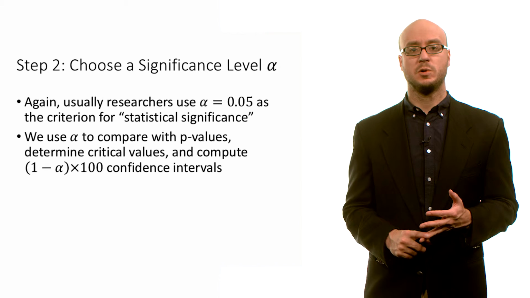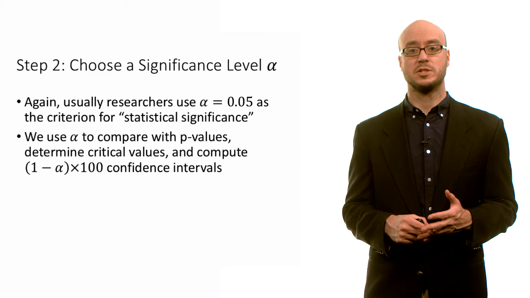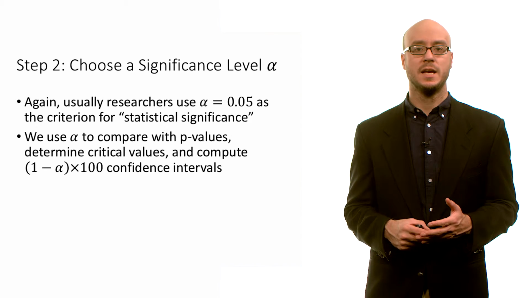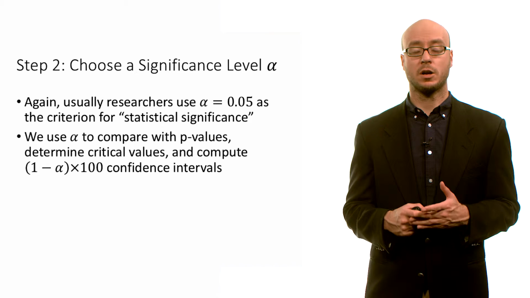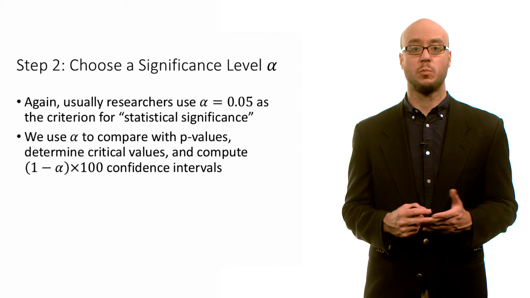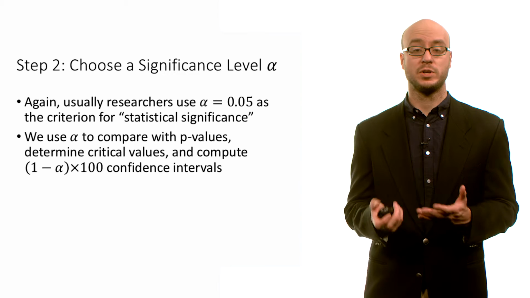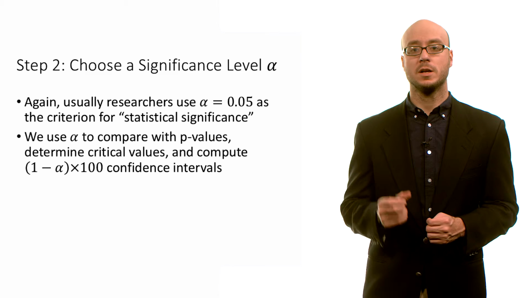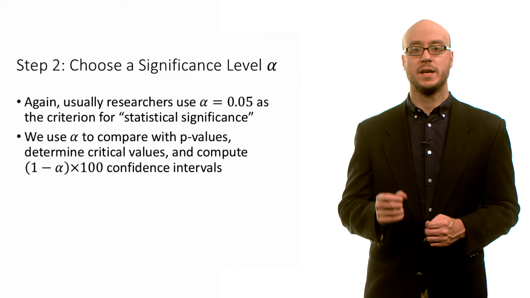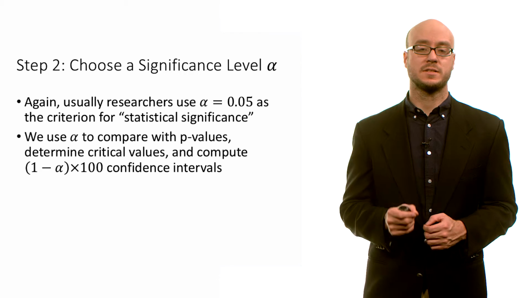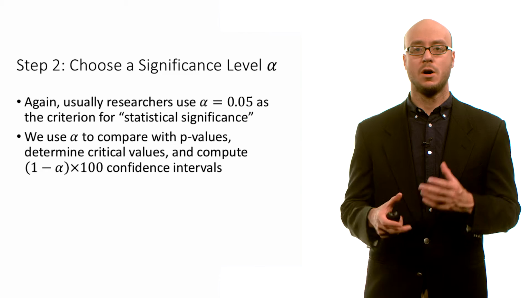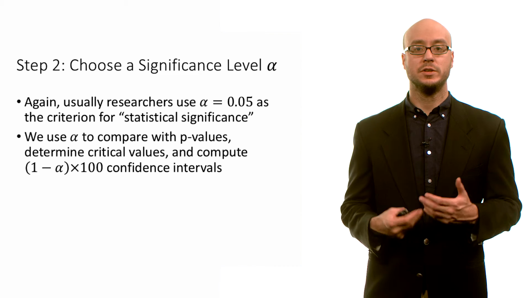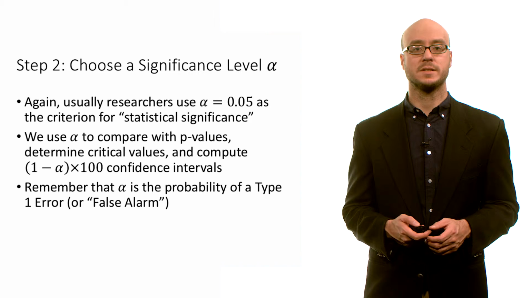Selecting alpha also affects our critical values, by which we can compare the test statistic. And alpha also affects our confidence intervals, because a confidence interval is 1 minus alpha times 100 percent. So selecting alpha affects the width of our confidence interval, our critical values, and our p-values, all the benchmarks we use to compare our test statistic.